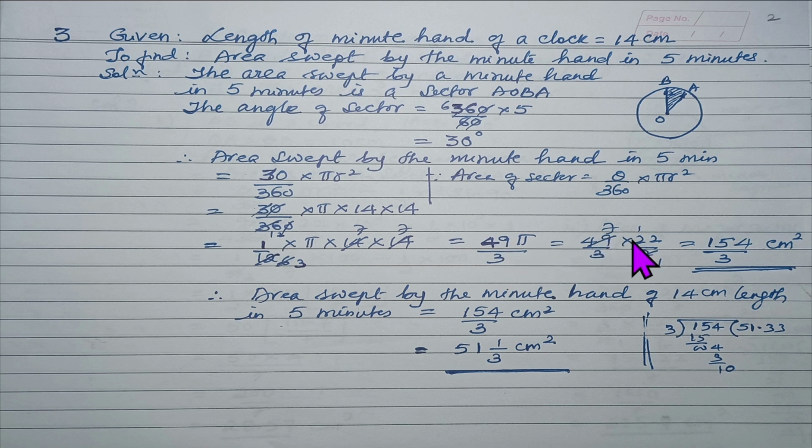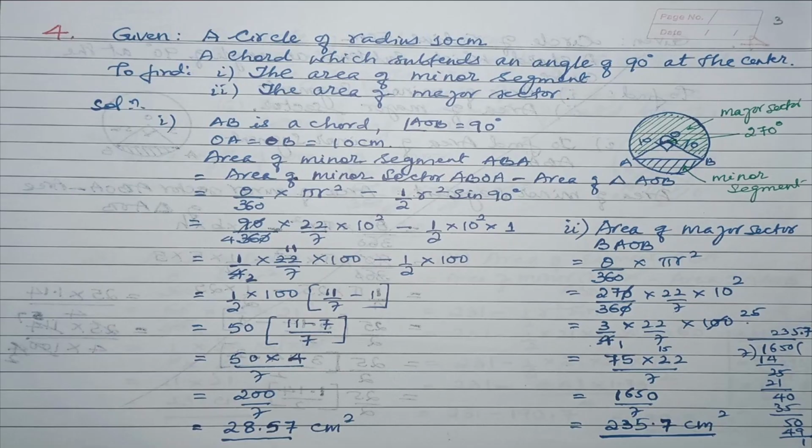So 49 by 3 into 22 upon 7 becomes 154 by 3 centimeters square. So the area swept by the minute hand of 14 centimeters length in 5 minutes is 154 by 3 centimeters square, or further simplified, 51.33 centimeter square. So that is the answer.